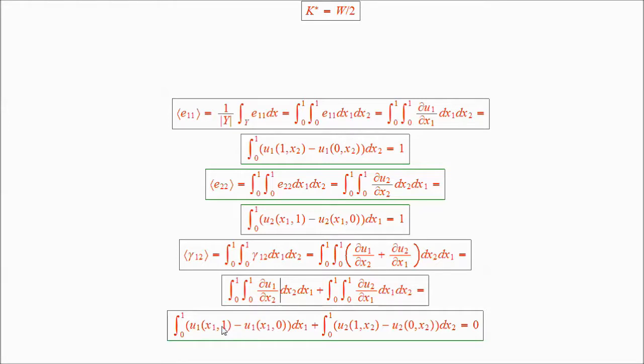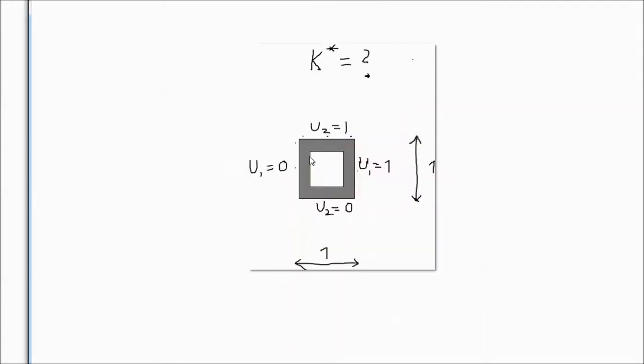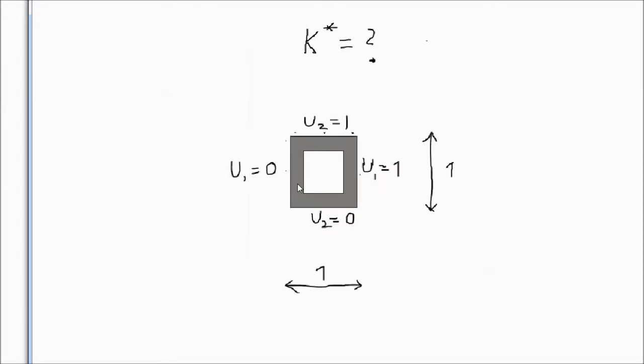And these two values, it's a little bit more tricky to see that they are equal, but they have to be equal because of the symmetry of the problem. We see here that u1 is equal to 0 here and 1 here, and the symmetry in the problem indicates that the solution of this problem should be symmetric.